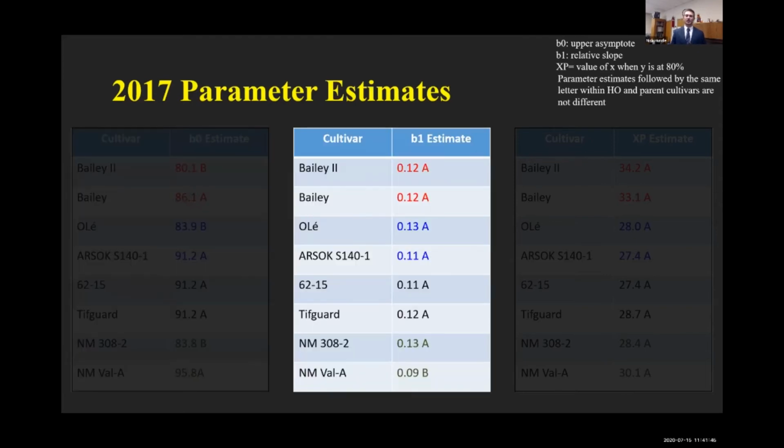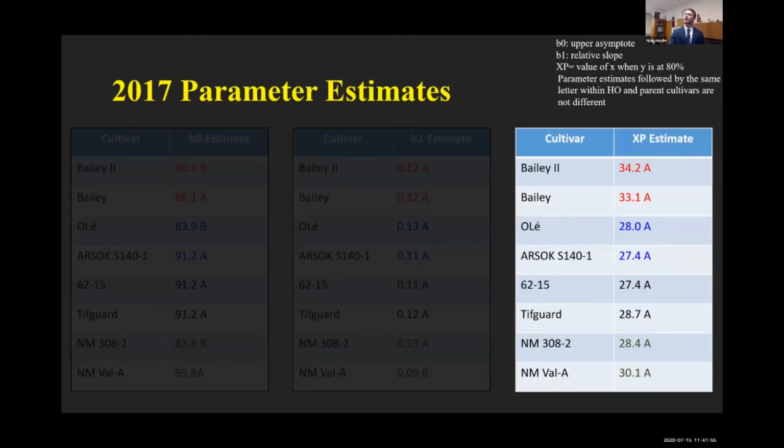For the B1 slope, the parent New Mexico Val A for the Valencias was lower than the slope for the Valencias. And finally, for the number of GDDs needed for 80% germination, there were no differences noted for any of the cultivars.